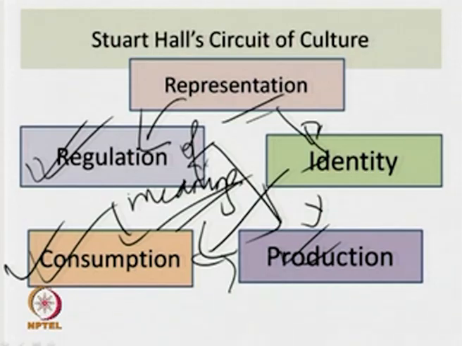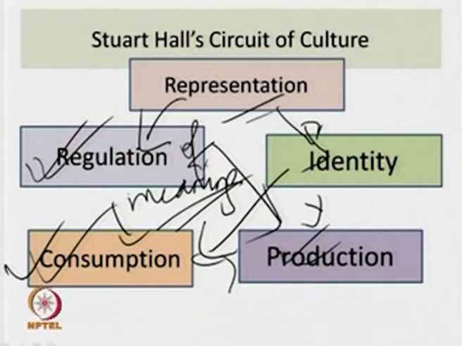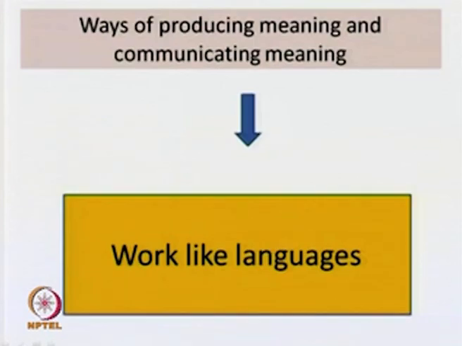So, this again is a brilliant move on the part of Stuart Hall. Hall's circuit of culture. And what are the components of Hall's circuit of culture? Representation, regulation, identity, production and consumption. Therefore, ways of producing meaning and communicating meaning work like languages. Okay?